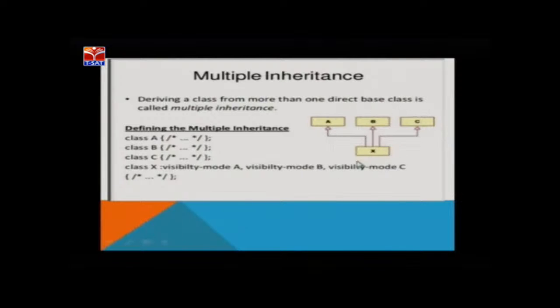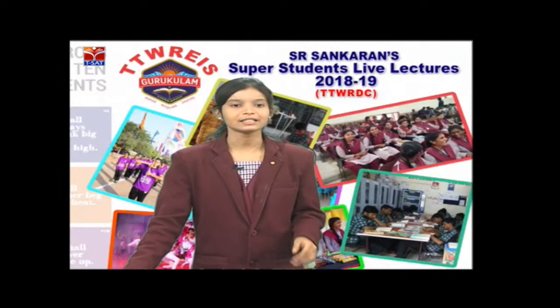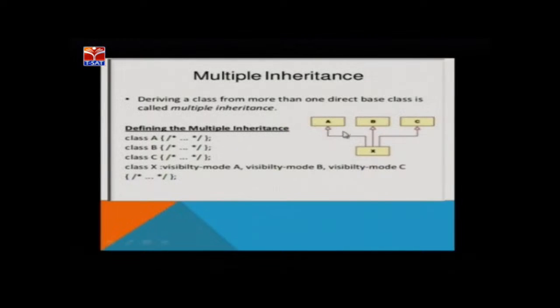To define multiple inheritance, we first have to define the base classes we have taken. Here I have taken 3 base classes. Firstly we have to define these 3 base classes, then we have to define the subclass of these 3 base classes. So class A consists of its own data members and methods, class B in the same way consists of its data members and methods, then class C and its data members and methods.